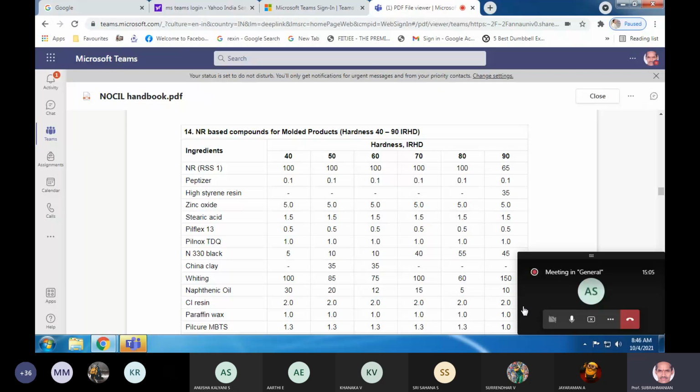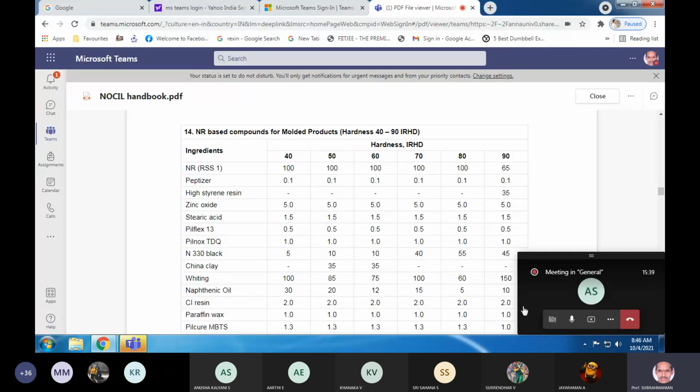So the next ingredient is the filler. In case of filler, what they have used is the N330. So the structure and surface area are of a normal grade. If the first numeral repeats in the second numeral also, it implies that this particular grade is from a normal grade.